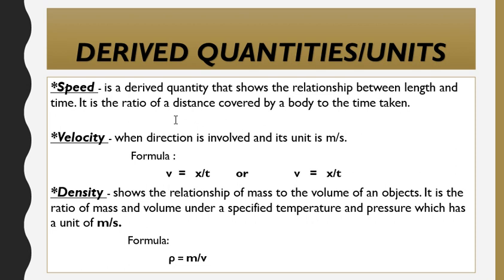From the word derive, it means it comes from the standard or basic units. We combine the units. Some examples are speed. Speed is a derived quantity that shows the relationship between length and time. It is the ratio of the distance covered by a body to the time taken.